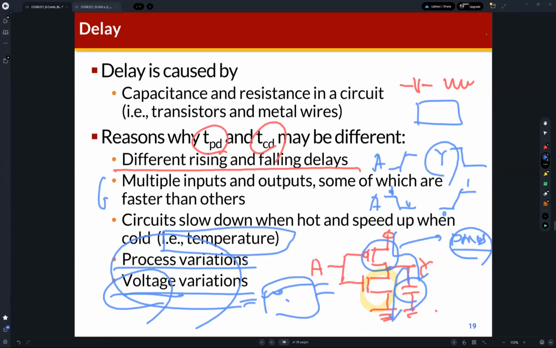So this voltage also determines the delay of the circuit. Because of these many factors, the circuit has different delays, propagation delay and contamination delay. Okay, I think it's a little bit tricky, but it's real. So in the real environment, we need to consider the delay. But delays are determined by many factors.